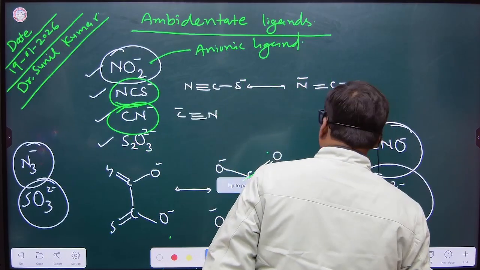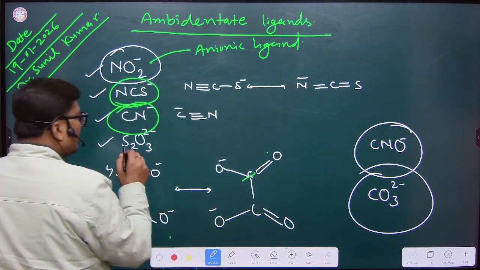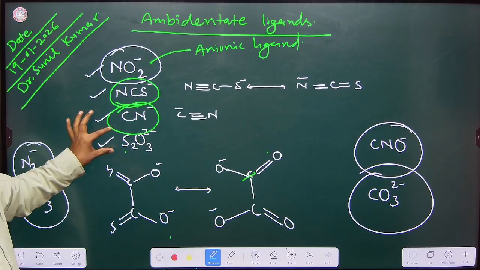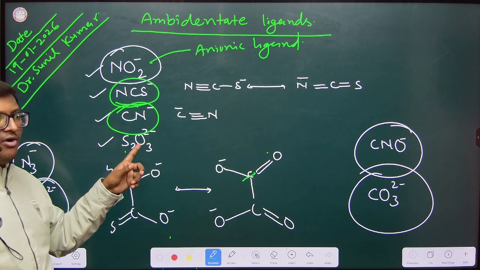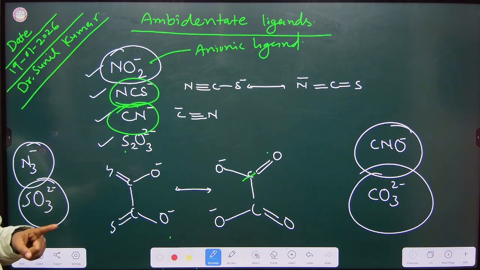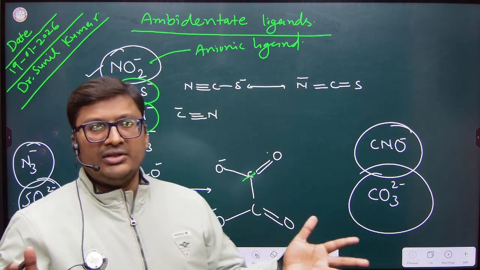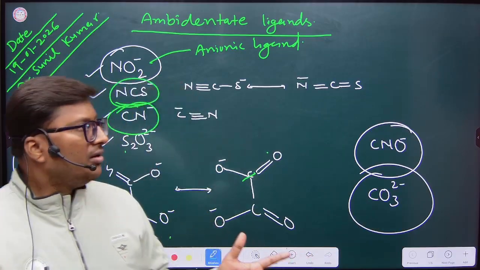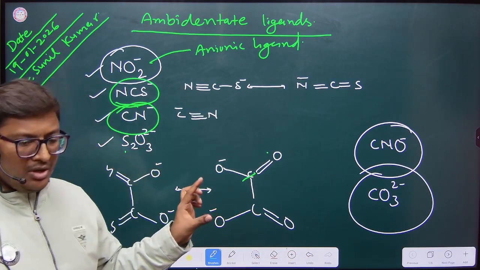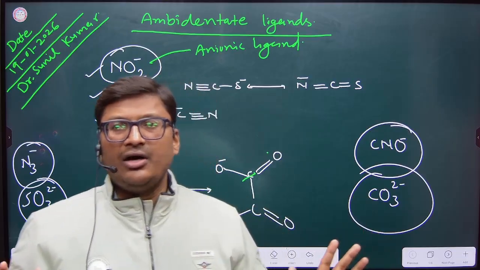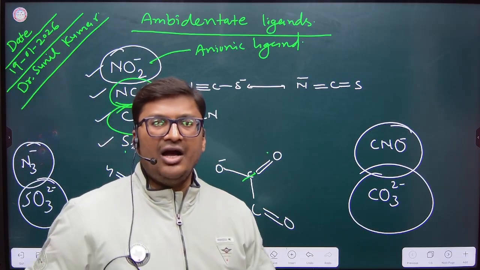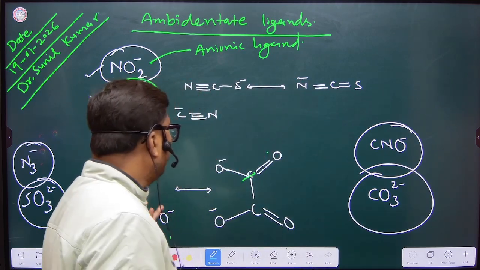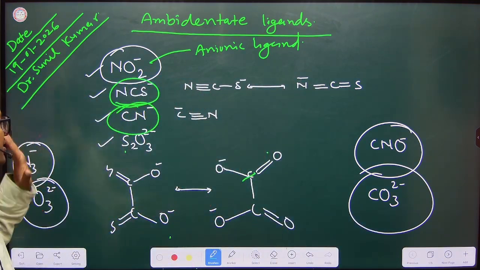And another example, of which there are lots, is thiosulfate ion, S2O3 2 minus. So it has a choice: either it can form complexes with sulfur donor or it can form complexes with oxygen donor, right? So the structure of the ligand decides how different donors form complexes with the metal cation, and it is also the nature of the metal cation, or nature of the Lewis acid, that forms complexes with particular donor sites.